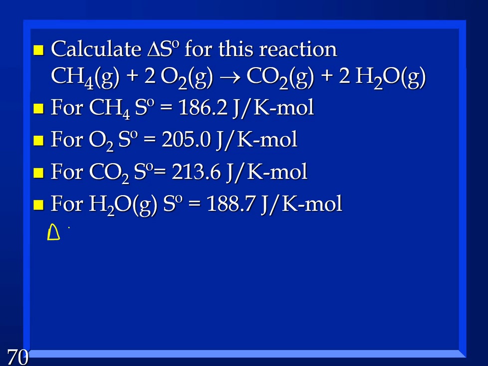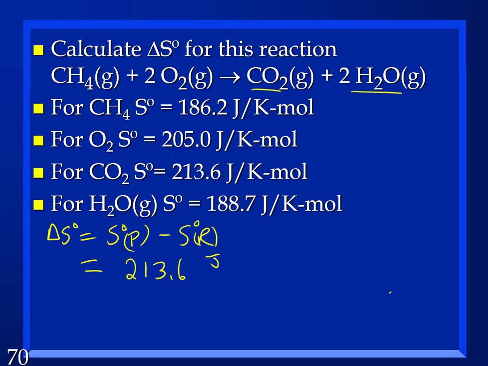So to find the change in entropy, I need the entropy of the products minus the entropy of the reactants. The products are CO2 and H2O. So the number for CO2 was 213.6 joules per Kelvin, plus the number for H2O. When I looked up H2O, I had to look up the H2O gas, not the H2O liquid. There were 2 of them, so I'm going to have to multiply that number by 2.